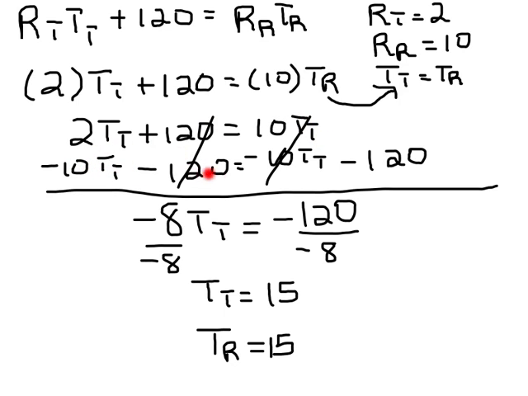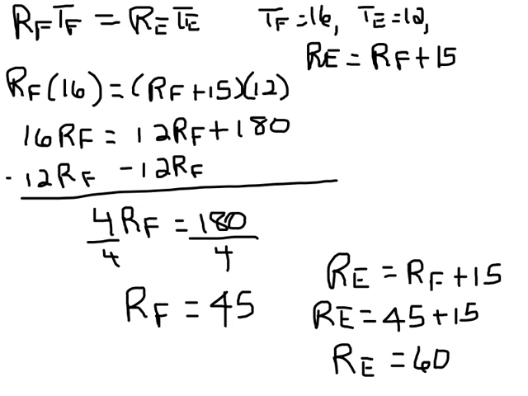And if I move the 120 over here and the 10TT over here, I will get negative 8TT equals negative 120. When I divide both sides by 8, I find that TT is equal to 15. And if TT is equal to TR, then TR is also equal to 15.